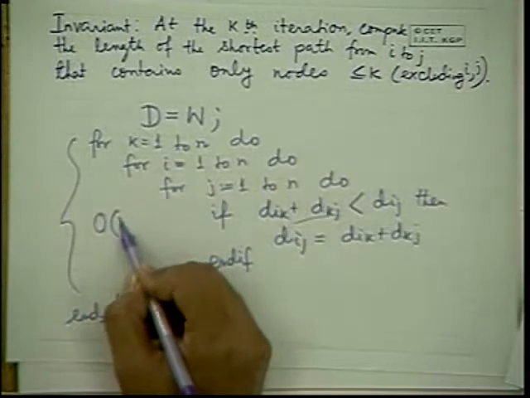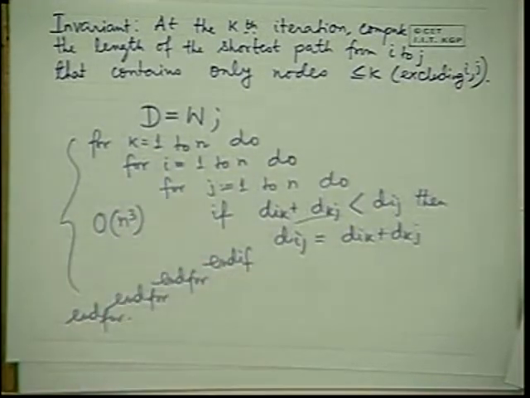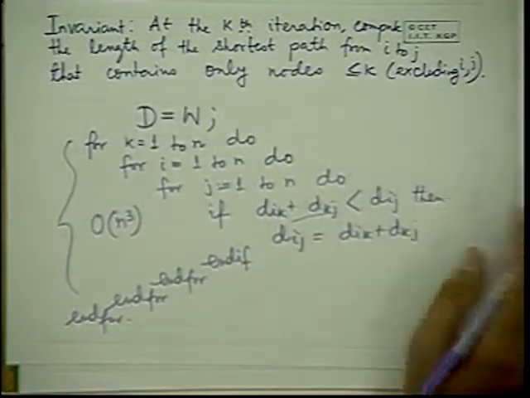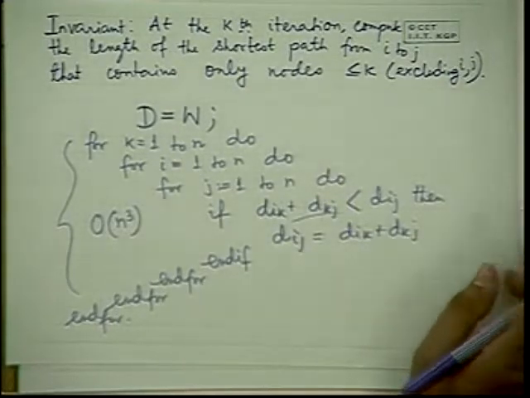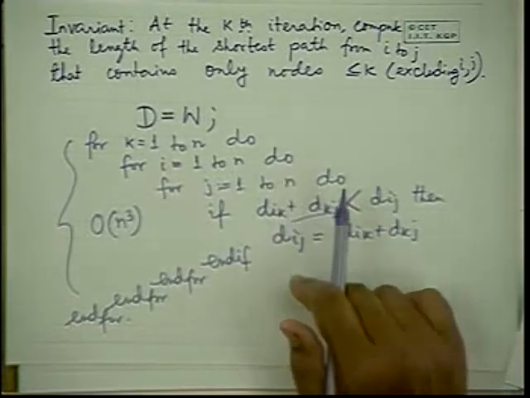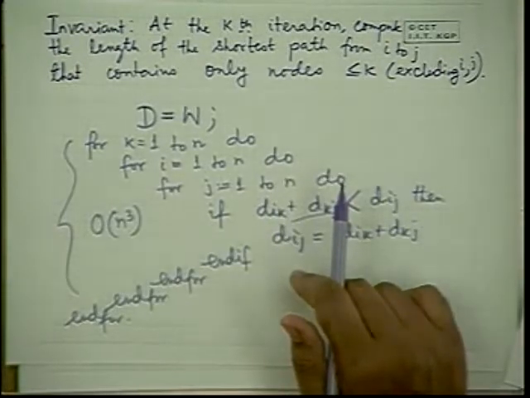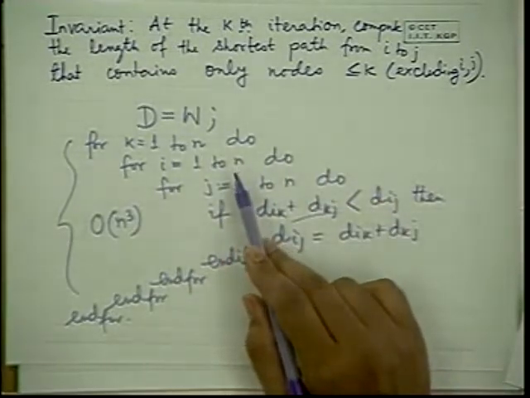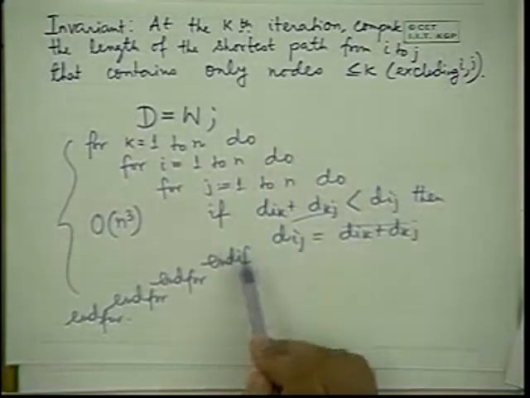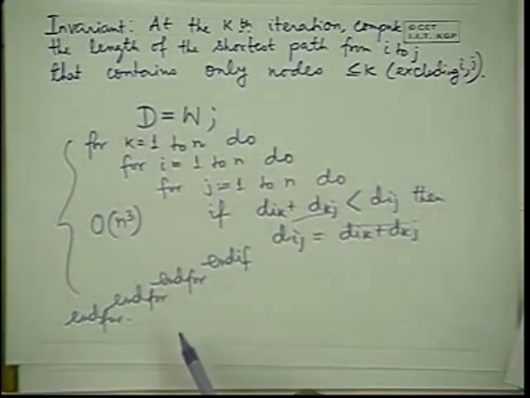Again order n cube. So on the same graph, if you put some weights on the edges, you can run this algorithm and check how it is computing the shortest path matrix, all pair shortest path, how it is setting the values for the matrix D. It's the same iteration, only thing is the change is here. Okay. So this time the metric is not whether there is a connection or not, now it is the length of the path.